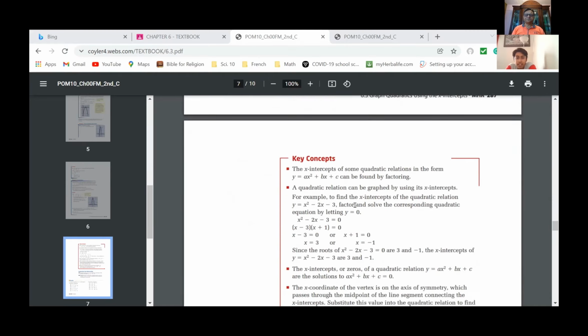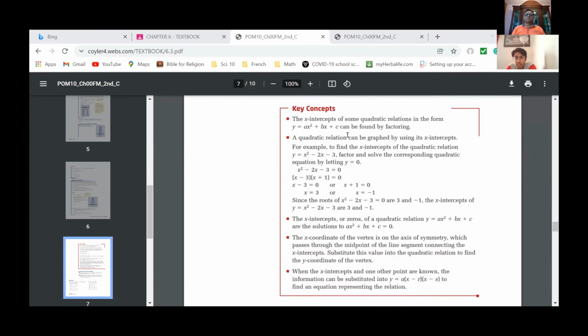Continue. Your key concepts: x-intercepts of some quadratic relations in the form y equals ax squared plus bx plus c can be found by factoring. A quadratic relation can be graphed by using its x-intercepts.